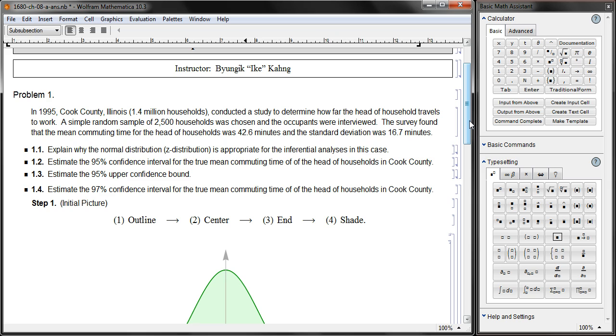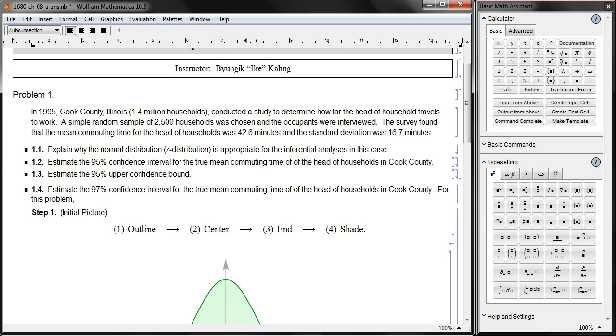Here's another adjustment you can think of. Instead of 2,500, let's take smaller sample size. The sample size is just 500.